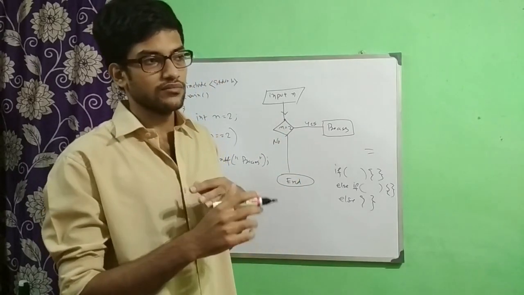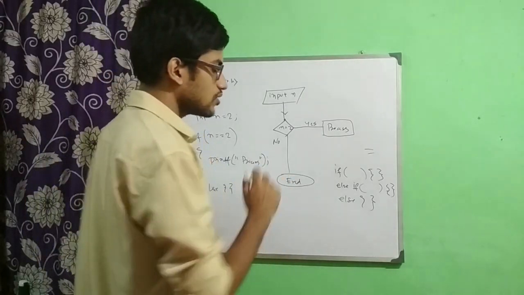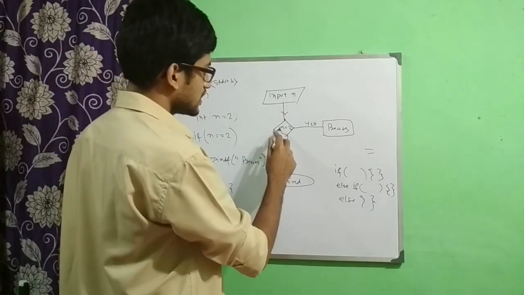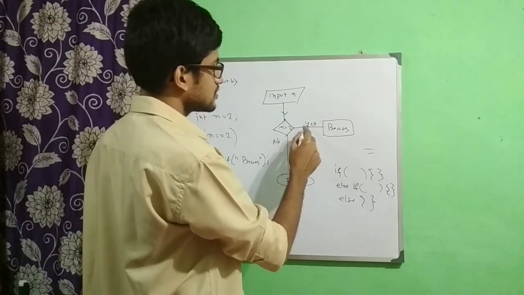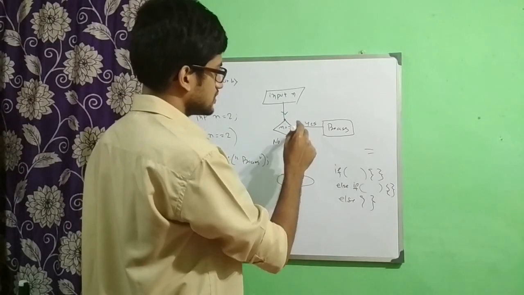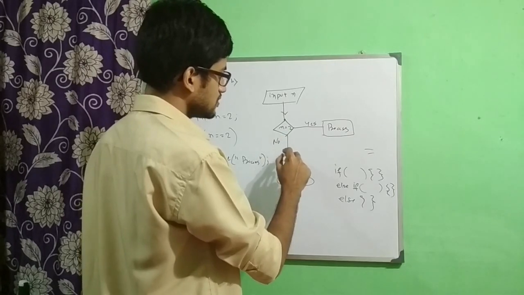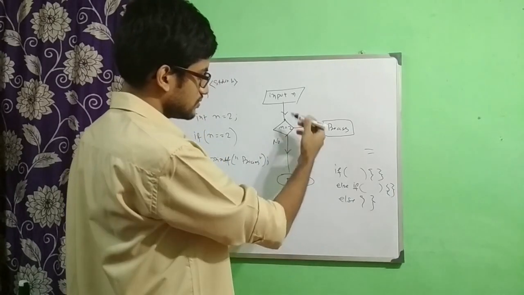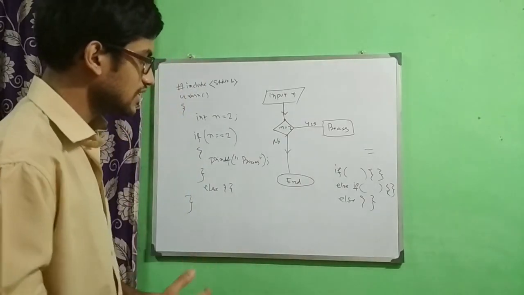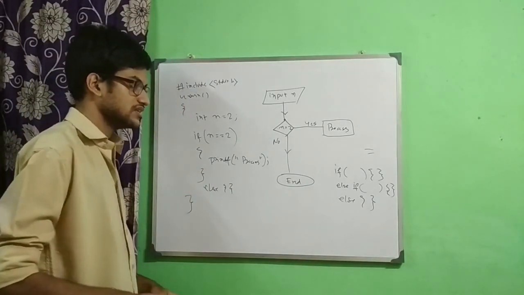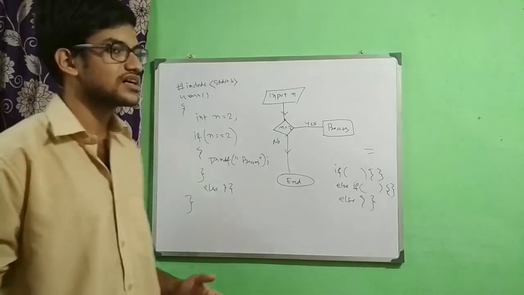On the basis of that decision, the flow will be changed. If it becomes true, means if n is 2, then the flow will be changed to this direction. If it is not true, then the flow will continue as it is in this direction. That's why we say these kinds of statements, if, else, are the control statements.